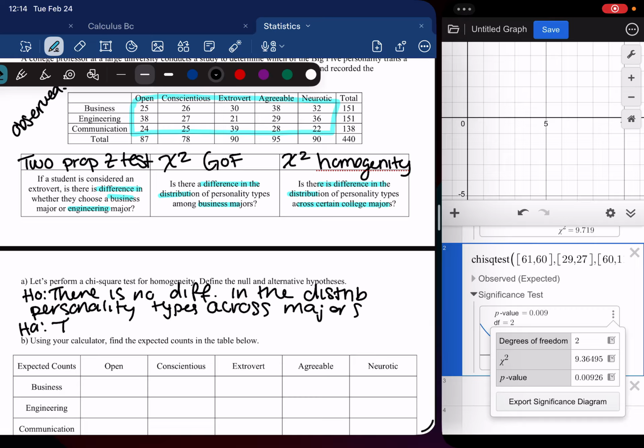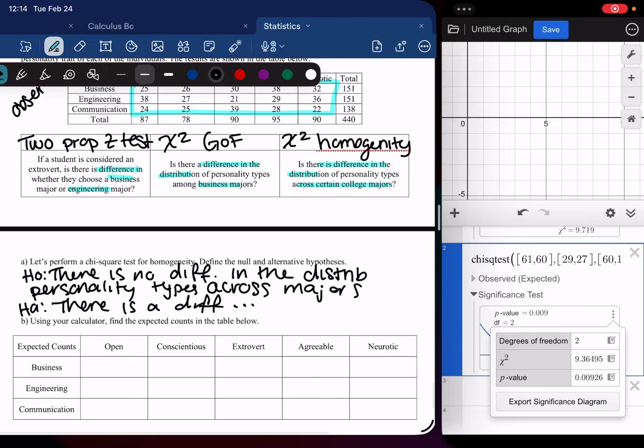There is a difference. Just because I'm running out of room, do we abbreviate when we're doing the FRQ on a test? No, you're going to write everything down. Just know that everything after that is the same. So there is a difference in the distribution of personality types across majors.